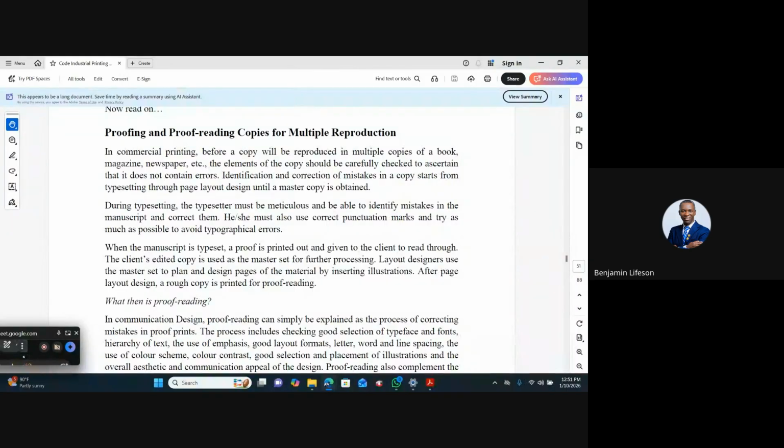So let's look at this before we come to what proofreading is. You realize that in commercial printing we do multiple production, and we need to look at proofing. Proofing is a process of reviewing a printed or digital sample.